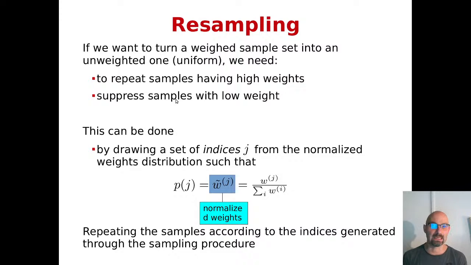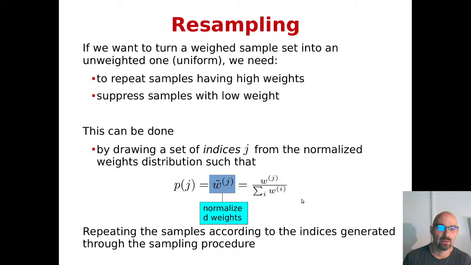Let's say that W is the set of the weights of all the samples, so W_j is the weight of the jth sample. We could generate indices. We could calculate the distribution of the indices, which is nothing else than the distribution of the weights.